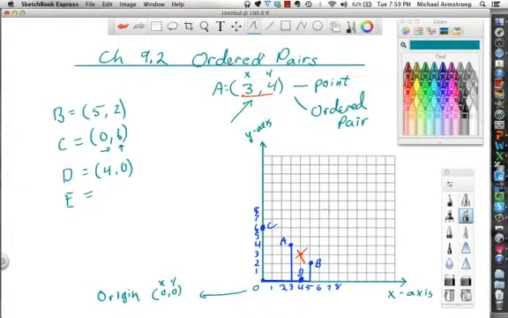Let's put a point just right here, and then we'll figure out what that point is. Okay, so this is starting backwards, but we can do it that way. This is point E. And what is that point? Well, we would have to come over to 7, right? So the x-coordinate is 7, and we'd go up to 8, so the y-coordinate is 8.